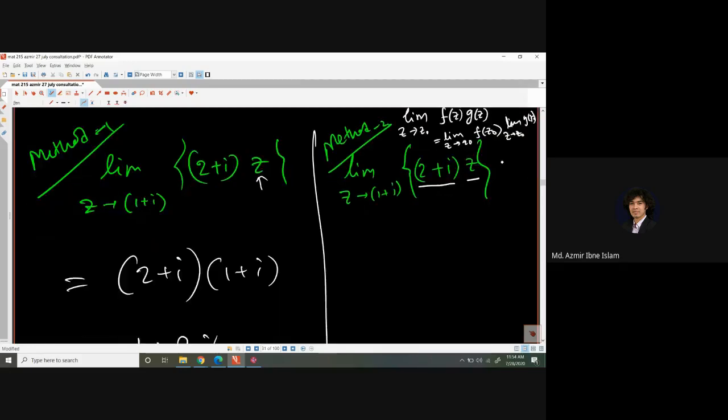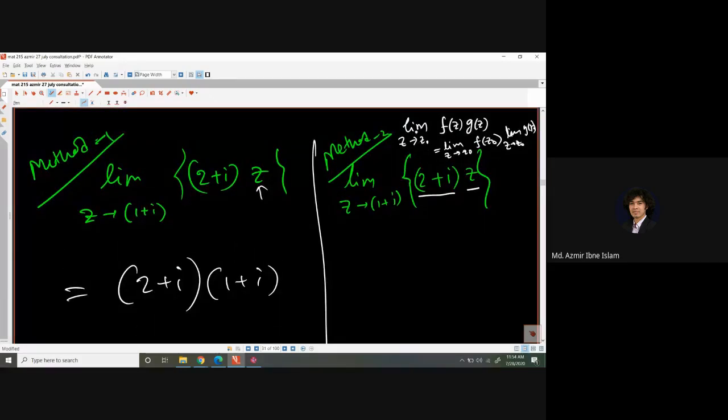Is that okay? Yes, sir. The limit of a product is the product of the limits. That is the theorem. Already, I think you know.